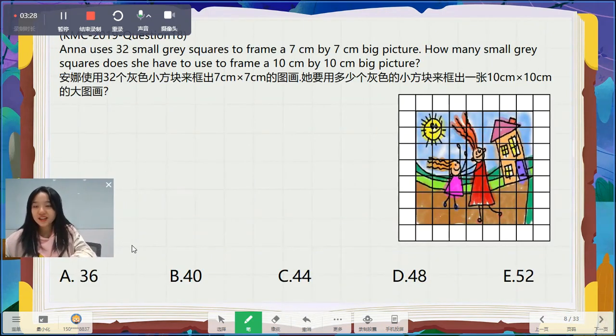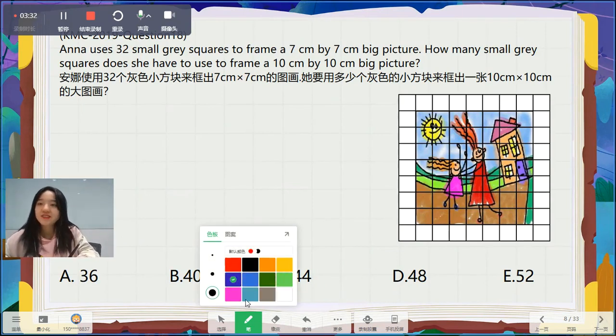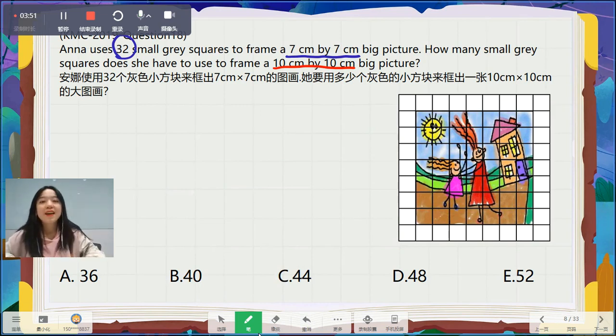This time we got a question about squares. Anna uses 32 small gray squares to frame a 7 centimeters by 7 centimeters big picture. How many small gray squares does she have to use to frame a 10 centimeter by 10 centimeter big picture?